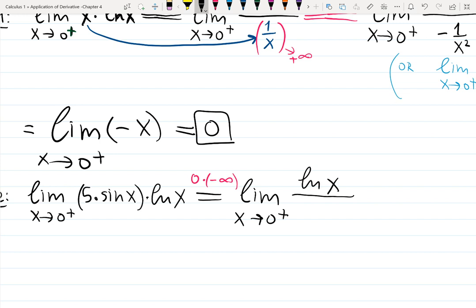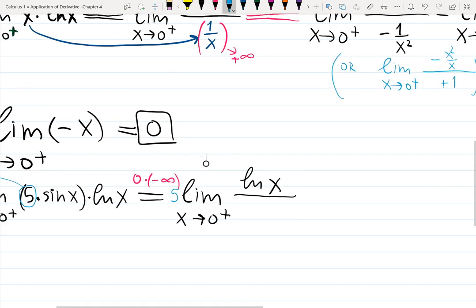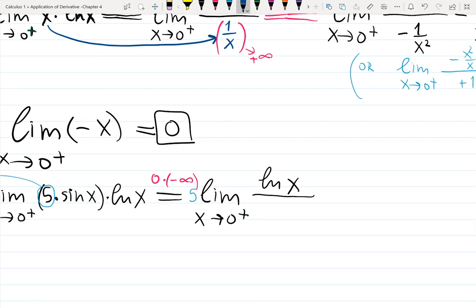Then 5 sine x will go to the bottom in the form of 1 over 5 sine x. I don't like having this 5 in the denominator. It'll make it look more confusing. So we're just going to kick it out using properties of limits. 5 goes outside. Then at the denominator, I will have 1 over sine x.